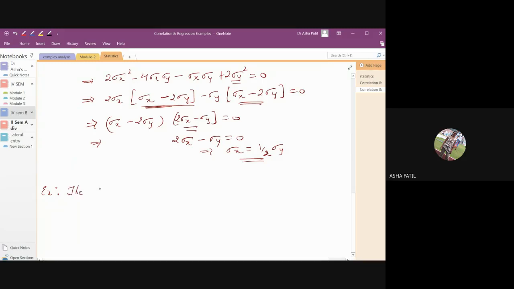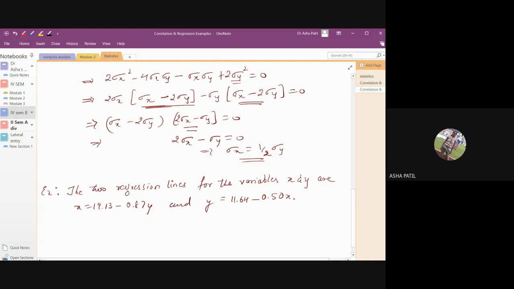The two regression lines for the variables x and y are x equal to 19.13 minus 0.87 y, and y equal to 11.64 minus 0.50 x.